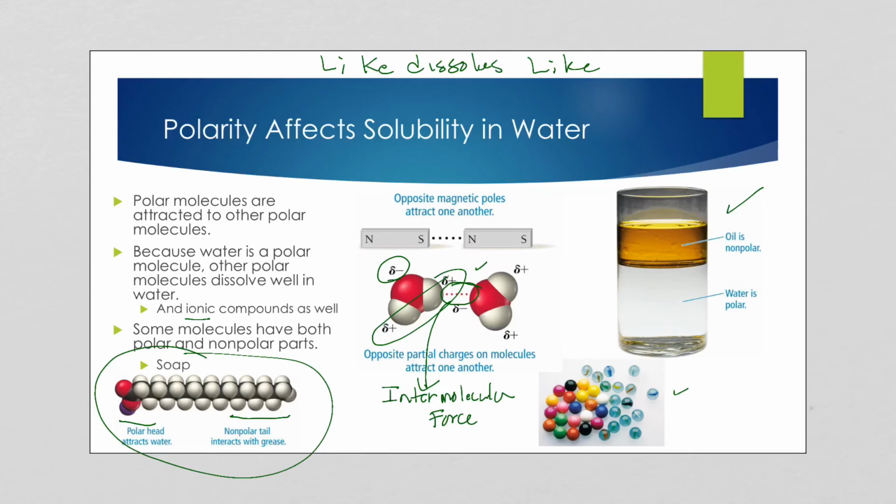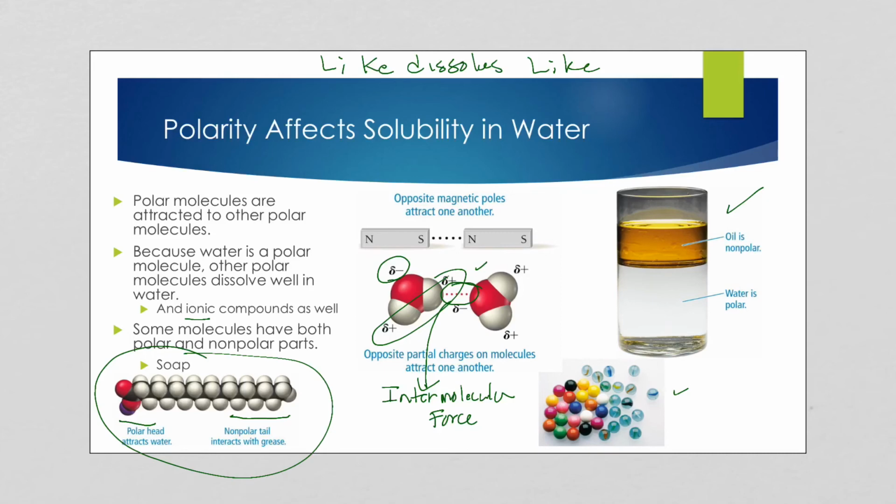So they allow the oil to stick or stay close to the water, connected to the water, and that allows, with the aid of the soap, the water to, in essence, dissolve the oil or carry it away down the drain without it sticking to everything, because the soap molecules keep those things connected.